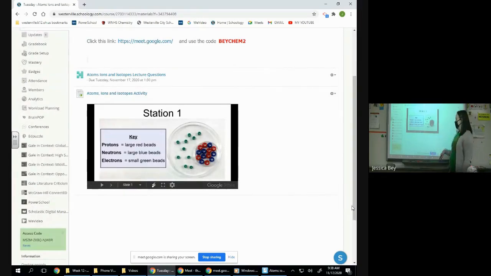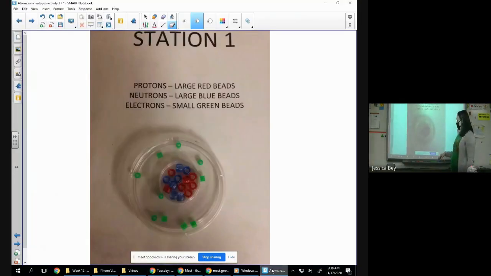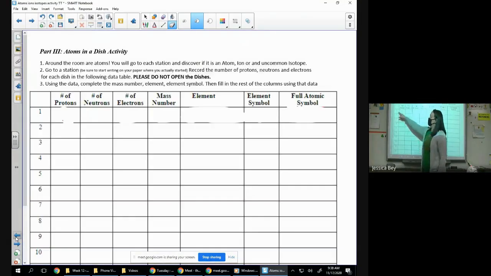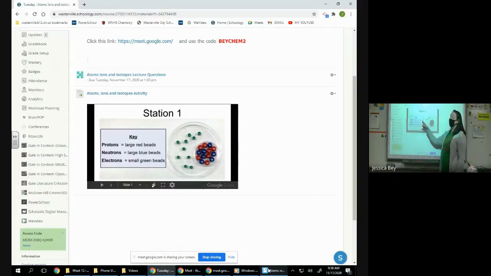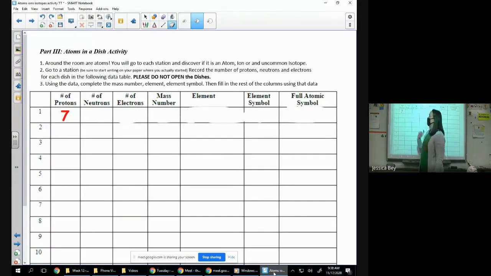So your packet here says station number 1. Let's count the number of protons. When we're looking here, the protons are the red beads. So I'm going to count 1, 2, 3, 4, 5, 6, 7 protons. So in my packet, the first atom at station 1 has 7 protons. Then it wants me to count the number of neutrons.